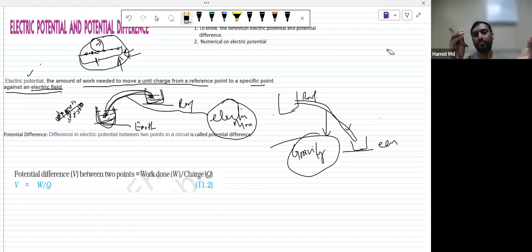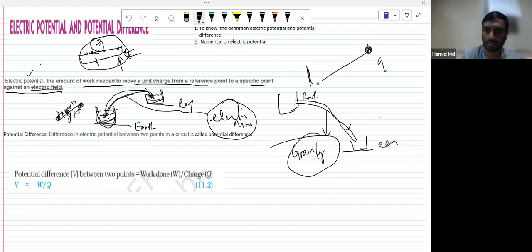If there is no electric field, there will be no work. You just put and drag it here. But when there is an electric field, you have to do the work against that. Suppose this is the Earth surface, and one charge Q is over here, and you have to bring the charge from there to this point.